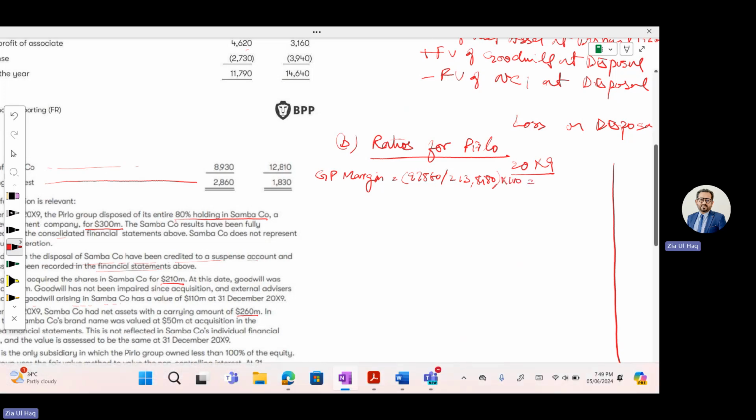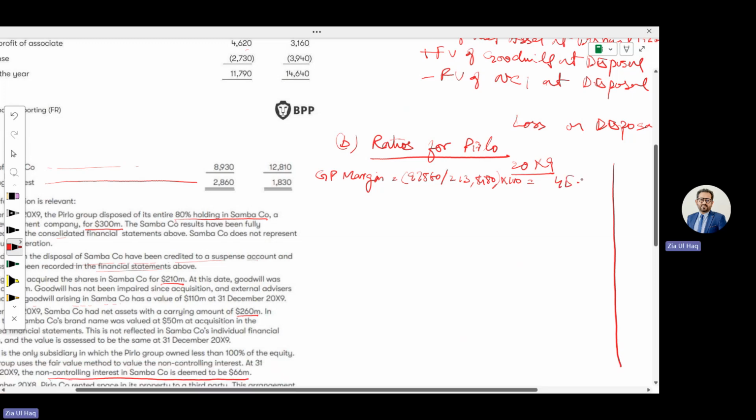So we calculate the 20x9 figure, and that is 45.8%.